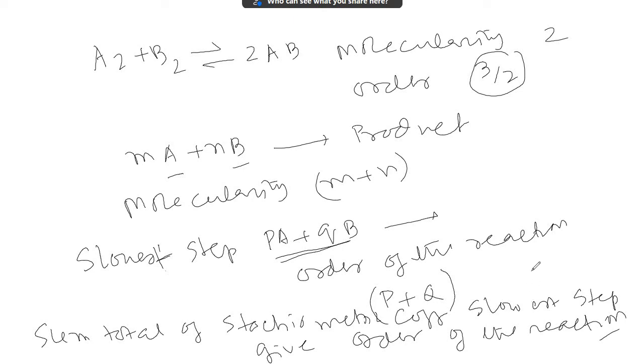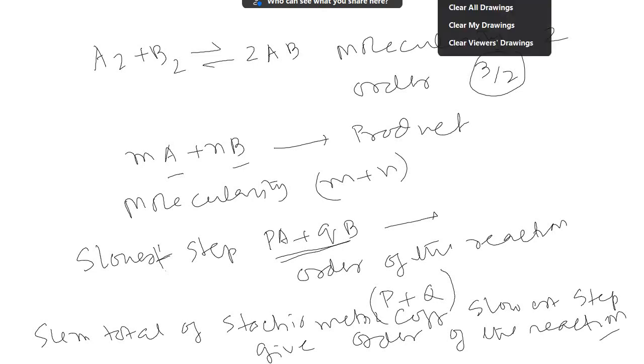Now let us come to another part of it. Suppose for a zero order reaction, what will be the expression? Before going to zero order, first order, second order, I want to mention one more thing to you, the case of rate constant.